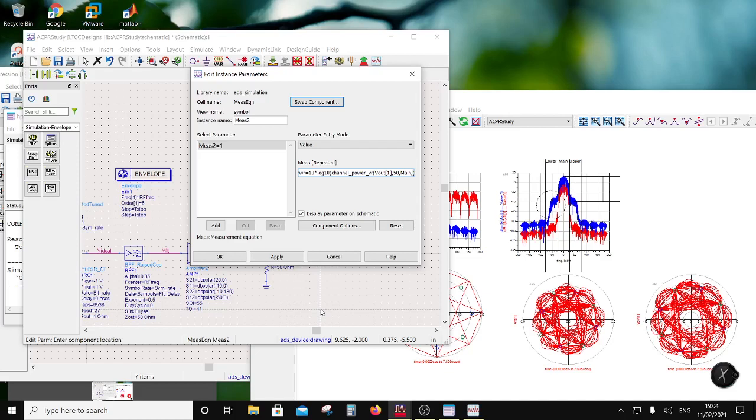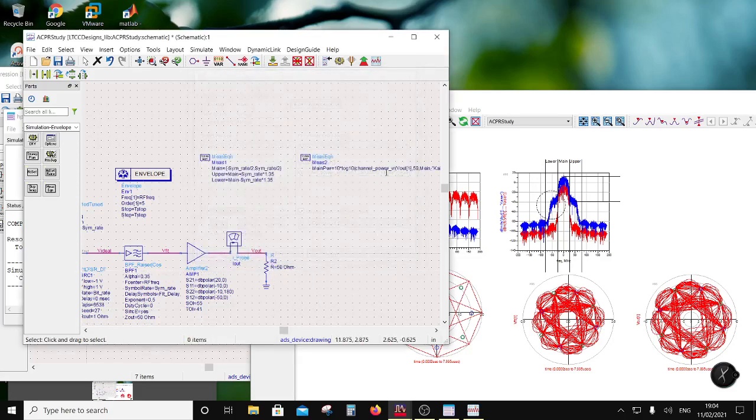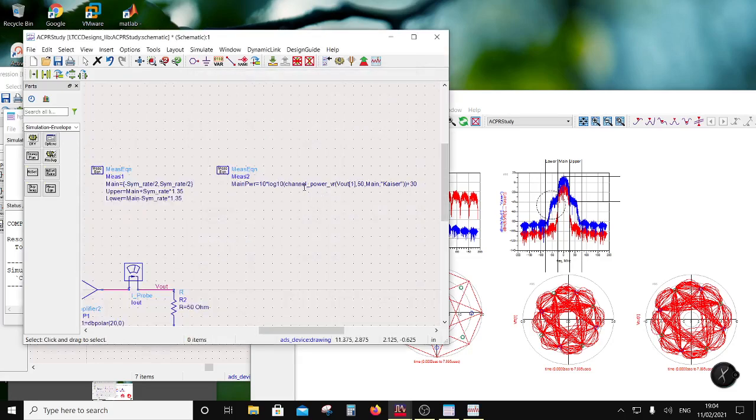Then I want to specify a certain windowing, so that windowing is KEISER, Kaiser window. So that is your main channel power. Okay, so you have channel power VR, V out 1, 50, main, Kaiser, 30.